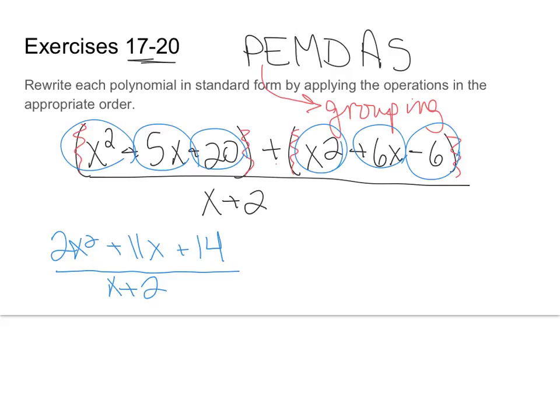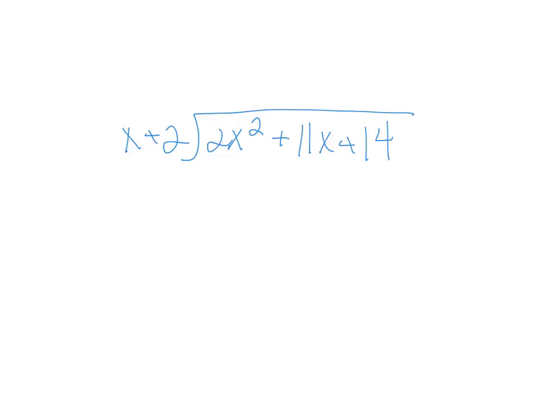So there's nothing I can do to simplify the numerator and the denominator any further, so I'm going to go ahead and divide this. And it's magically appearing on the next screen. So x goes into 2x squared. 2x times x is 2x squared. 2x times 2 is 4x.